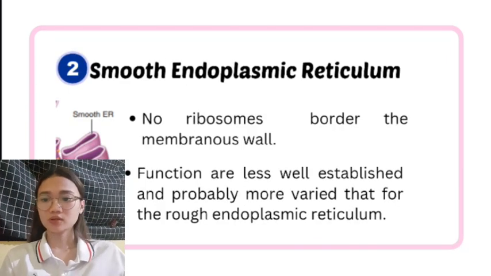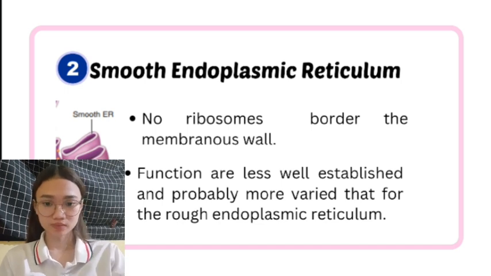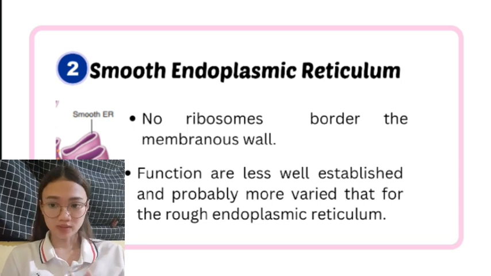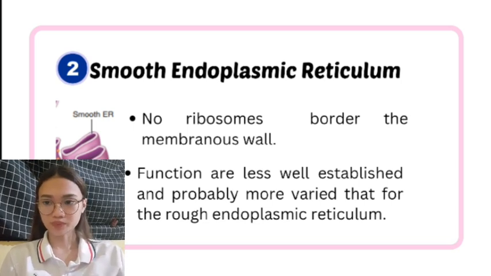So next we have the smooth endoplasmic reticulum. So no ribosomes border the membranous wall. So yung function niya are less well established and probably more varied than for the rough endoplasmic reticulum.